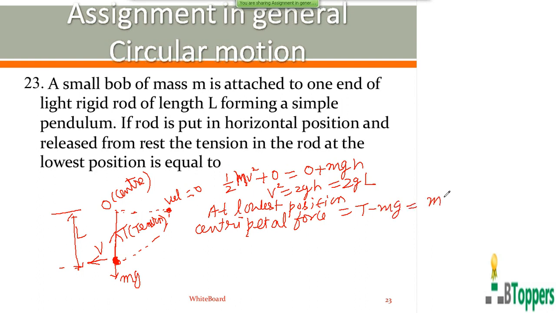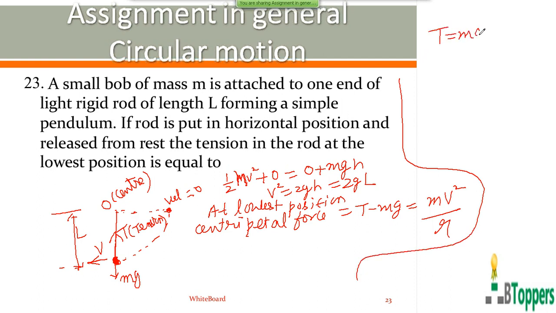From Newton's second law, you can write T minus mg equals mass times magnitude of acceleration towards the center. The magnitude of acceleration towards the center is equal to v square by r. So the magnitude of tension force by the rod on the bob at the lowest position will be mg plus mv square by r. We can write v square equal to 2gL, and the radius of the circular path is the same as the length of the pendulum.